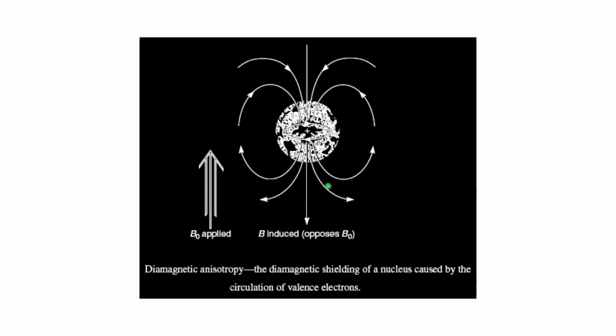This secondary magnetic field opposes the external magnetic field, B naught, which has a different direction from the secondary field generated by the electron spin. We call this effect diamagnetic anisotropy. So if the induced magnetic field opposes the external magnetic field, we call that diamagnetic anisotropy, and the diamagnetic shielding of the nucleus is caused by the circulation of valence electrons.